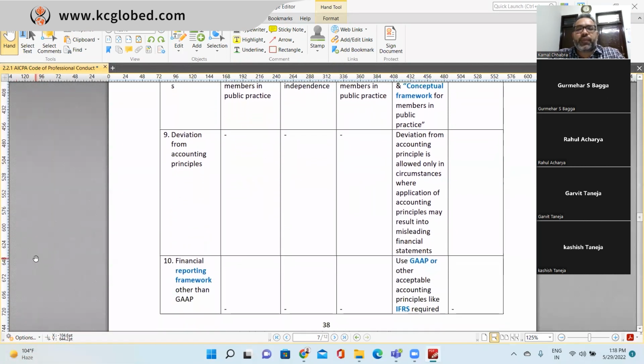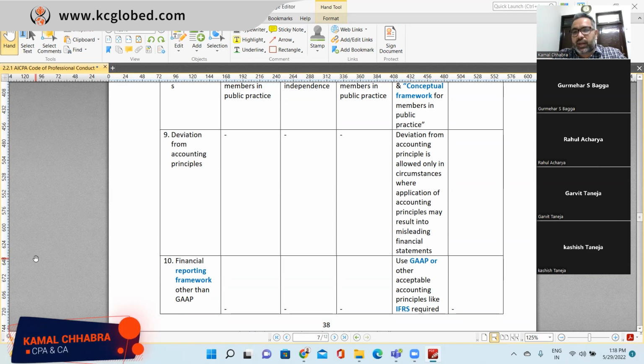Next is deviation from accounting principle. This is only for rule number 4, which is the accounting principle rule. So if there is any deviation in accounting principle, how do you need to deal with that? Deviation from accounting principle is allowed only in circumstances, underline this word, only in circumstances where application of the accounting principle may result in misleading the financial statement.